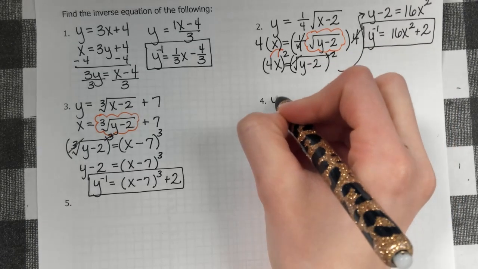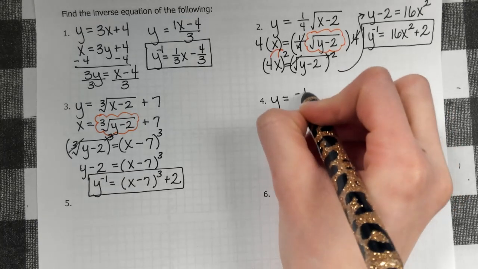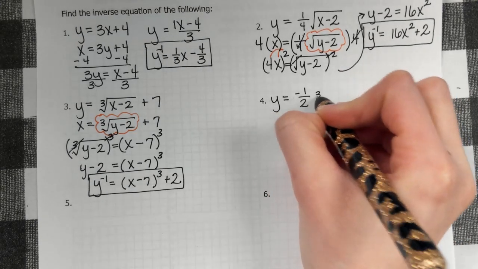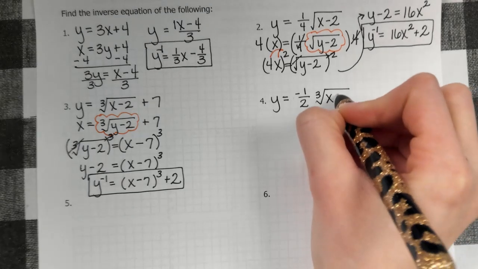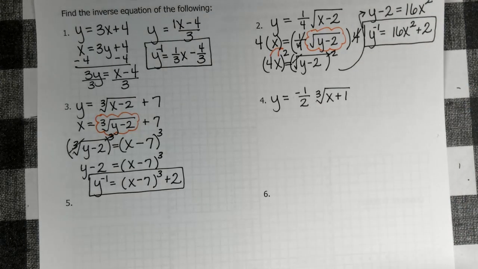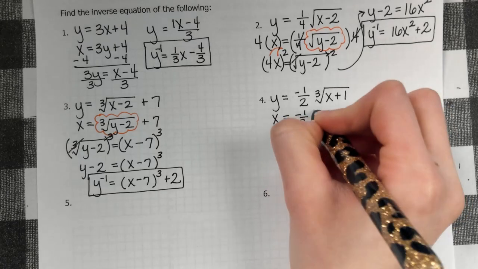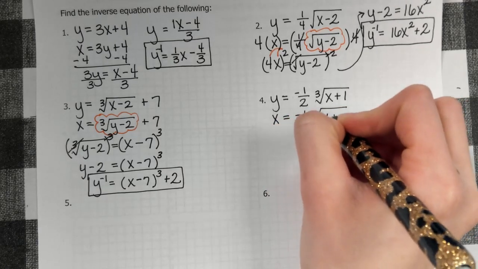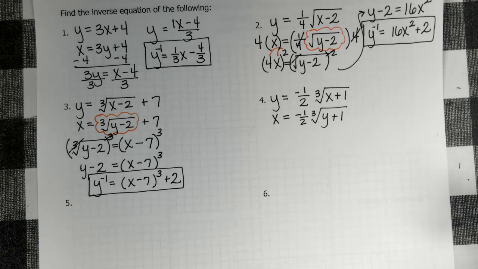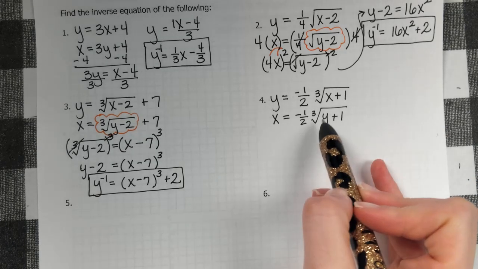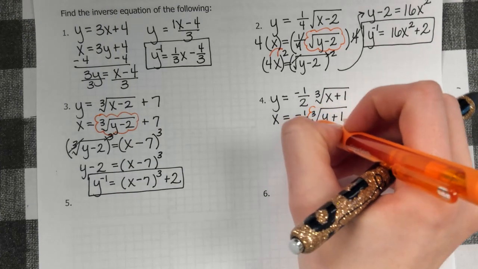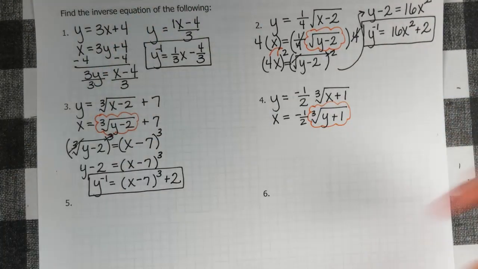All right, so I've got y equals negative 1/2 cube root of x plus 1. Okay, so I'm going to interchange: x equals negative 1/2 cube root of y plus 1. Then, if I want this radical, because it's got the y, what am I going to do?